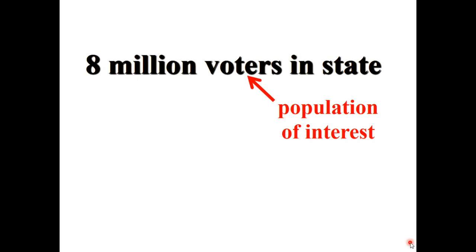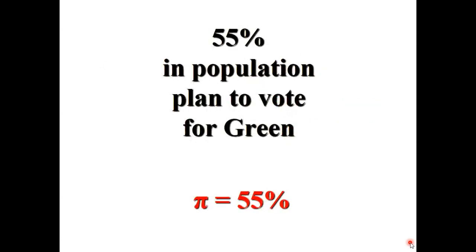These 8 million voters make up the population of interest. The crucial question is, who will these 8 million voters vote for? 55% of the members of this population plan to vote for Christina Green. We say pi equals 55%, or pi equals 0.55. Pi is the symbol for this proportion in the population.